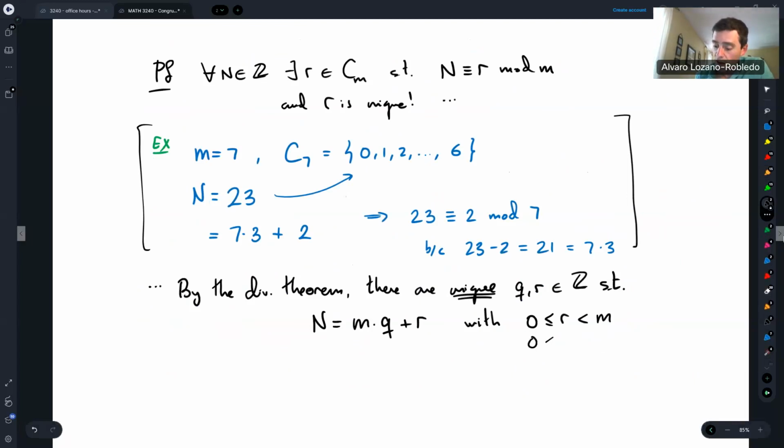But that means that r is between 0 and m minus 1.